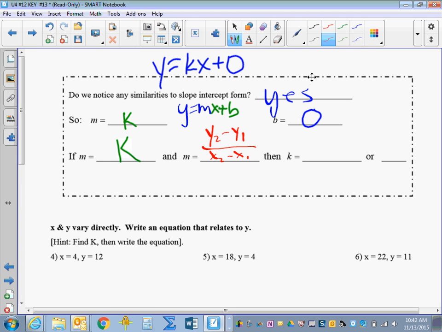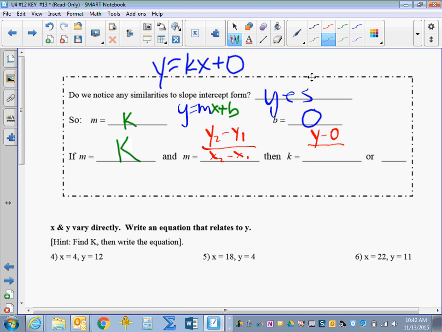So if my slope m is just k, and slope is my formula here, but we know that my slope is k and my y-intercept is 0 for all of my direct variations, then k is y minus 0.